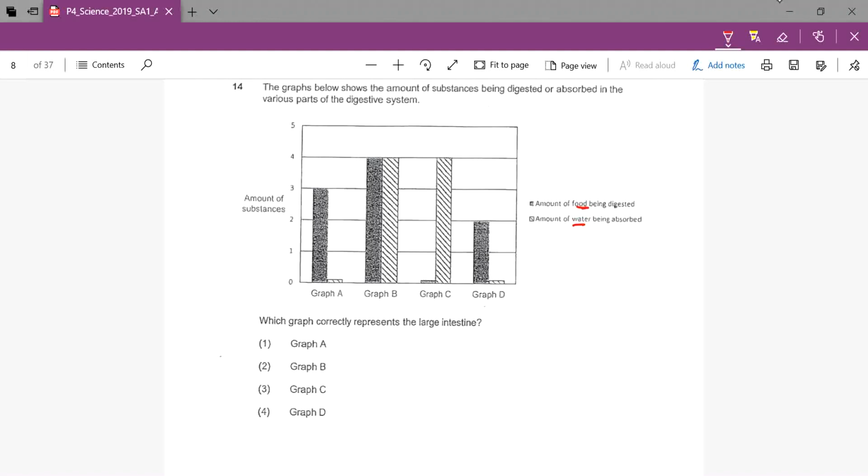That's the only thing that's happening. So you definitely cannot have graph A, where the amount of food being digested is more than the amount of water being absorbed. That's definitely wrong. Graph B is also wrong. Graph D is also wrong. Okay, answer is graph C, where you see amount of water being absorbed is a lot, and amount of food being digested is almost close to 0. So option C. Option 3.